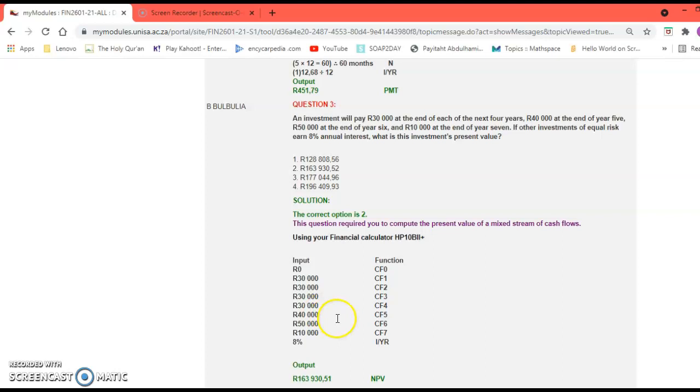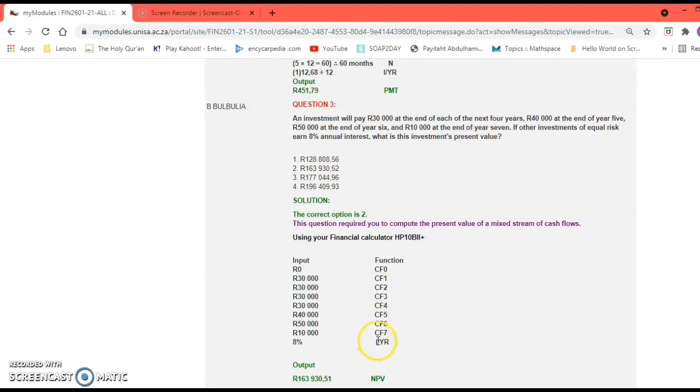Thereafter, in year 5, it will be 40,000, in year 6, 50,000, and 10,000 in year 7. If other investments of equal risk earn 8% annual interest, what is the investment's present value?